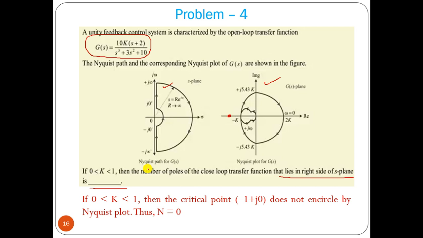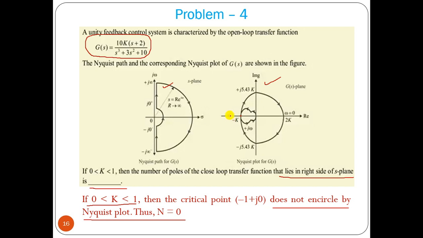Now if k value is between 0 to 1, then the critical point does not get encircled by the Nyquist plot.